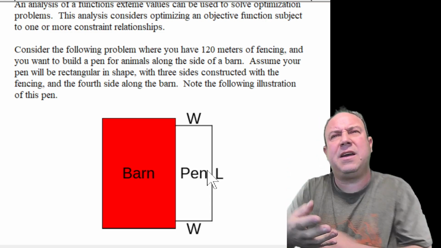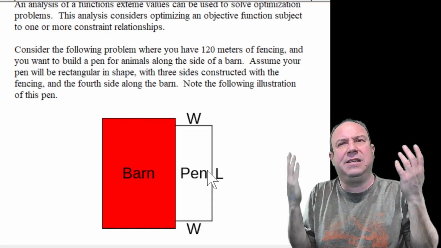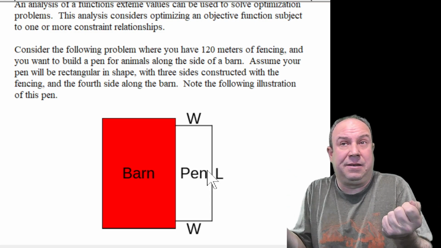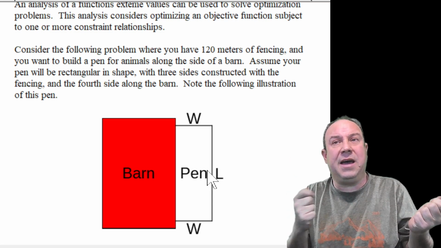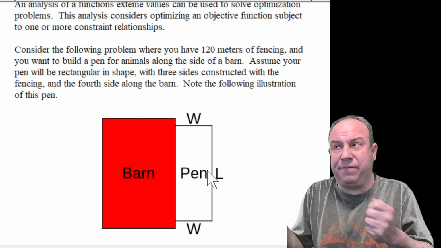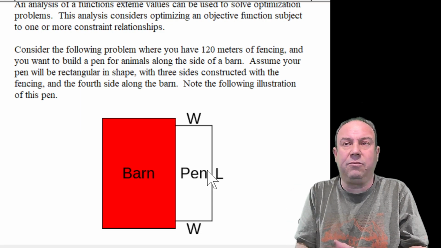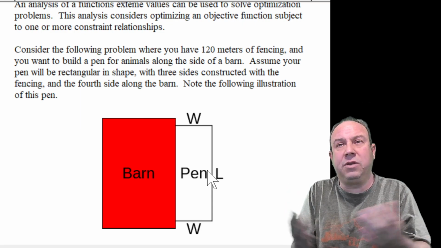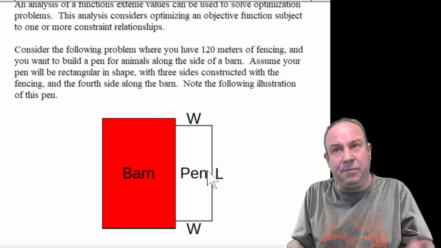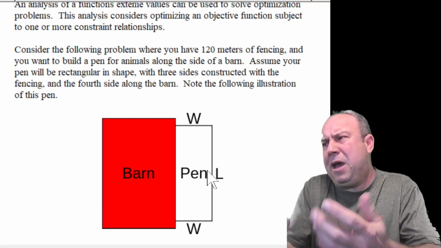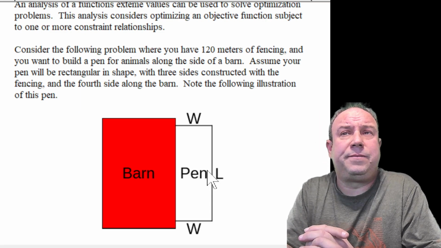Otherwise, if we had unlimited fence, we could build an unlimited sized pen, right? If we had an unlimited amount of fencing, or the funds and the resources to produce an unlimited amount of fencing, that pen could be as big as we want it to be.